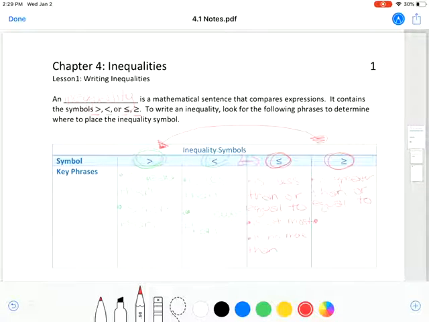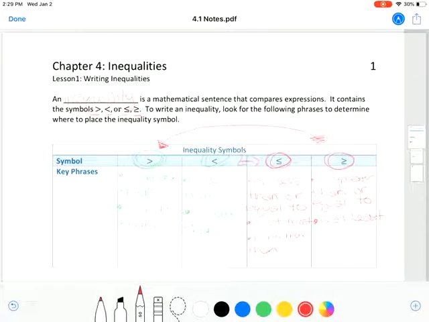Another key phrase that we'll see is at least. If something is at least 5, that could be 5, 6, 7, 8, 9, 10, and so on. But it could be 5. That's where that or equal to comes in.